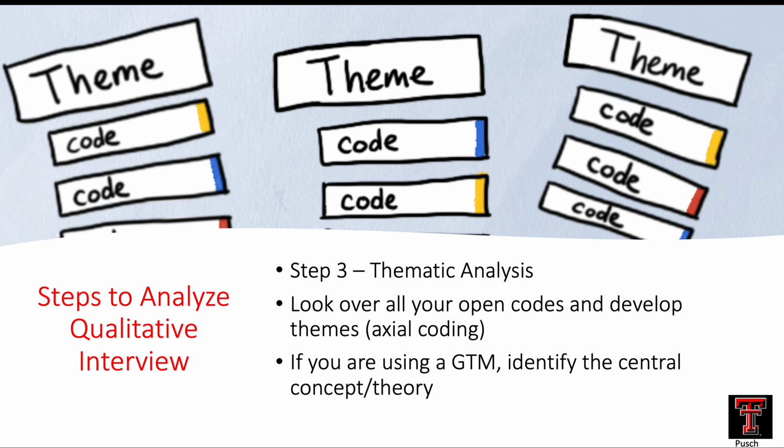Okay. So next, thematic analysis. So this is where you open all your open codes and develop your themes. So axial coding is when you're maybe taking these codes and looking at these codes and saying that they belong under a larger theme.